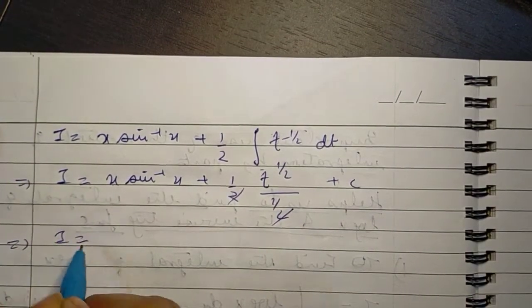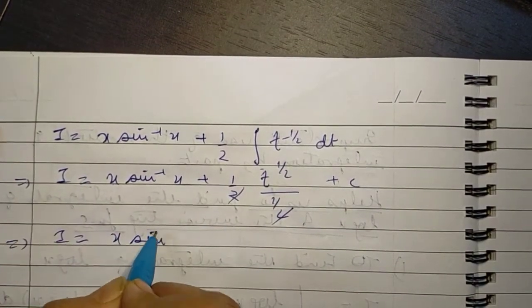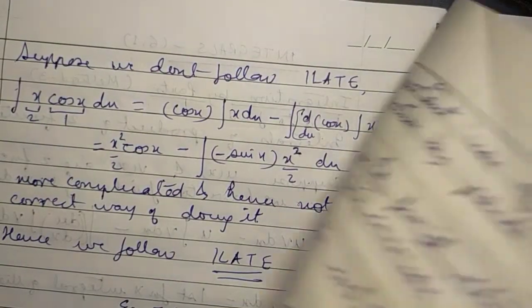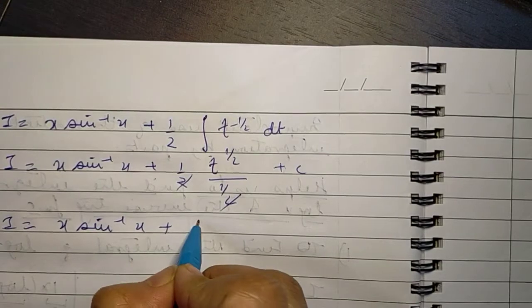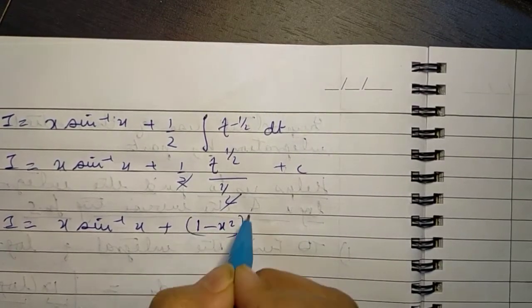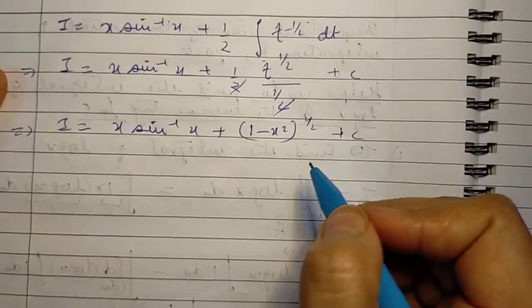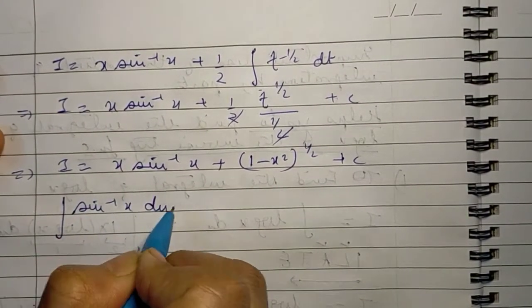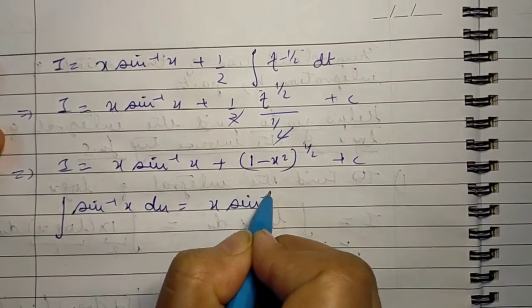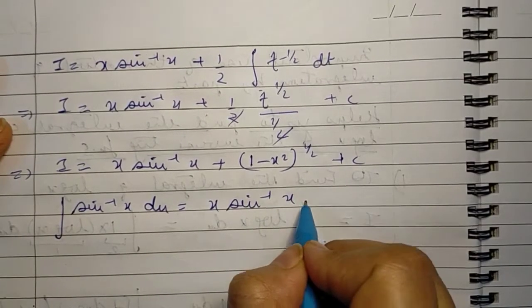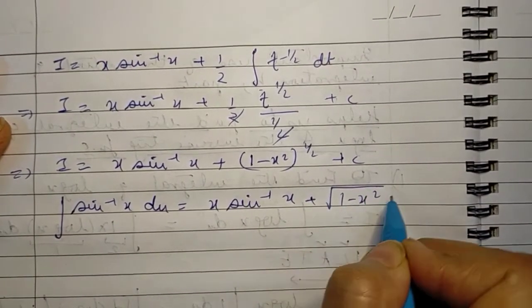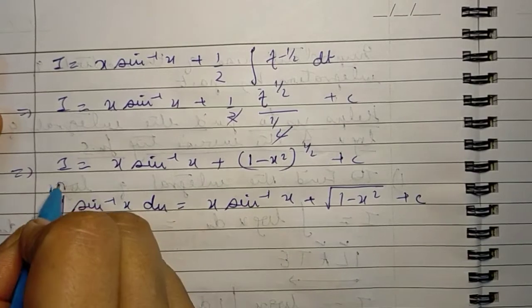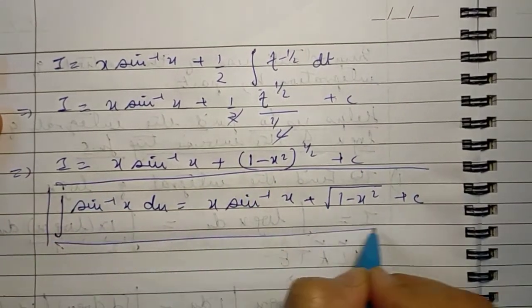Replace back the value of t, we had put t as 1 minus x squared, so 1 minus x squared raised to the power half plus c, and so the result we get is integral of sine inverse x dx is equal to x sine inverse x plus square root of 1 minus x squared plus c. So this is another result.